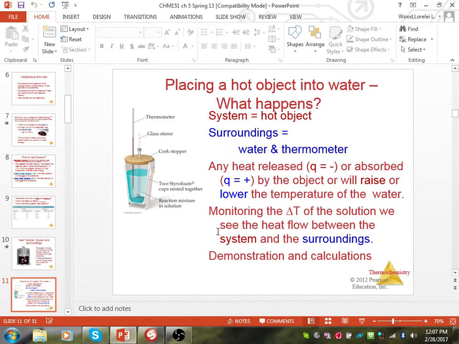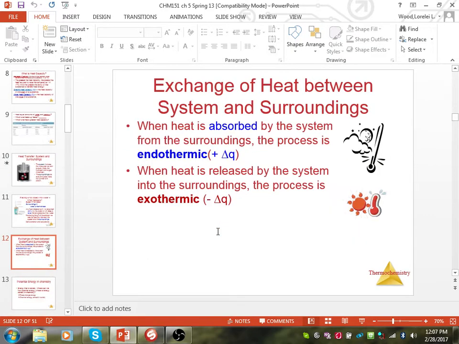And you have to define system and surroundings in order to figure out what is the sign of that particular issue. So positive means you have to add energy in. It is endothermic. Now you can't think like you did in Chem 130. In Chem 130, you did the experiment, you felt the beaker, the beaker got hot, you said, okay, it's endothermic.